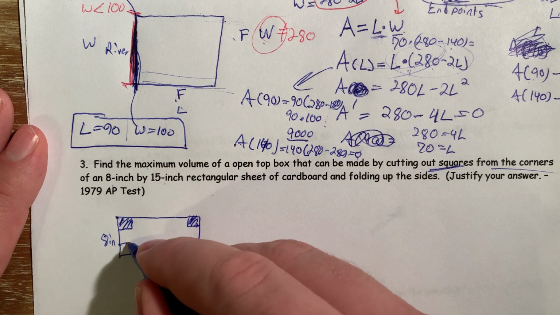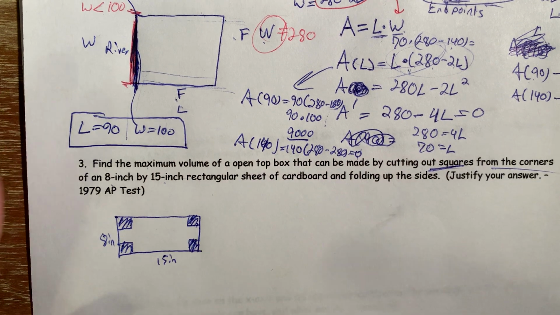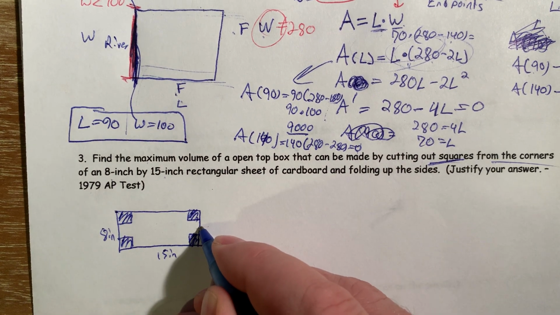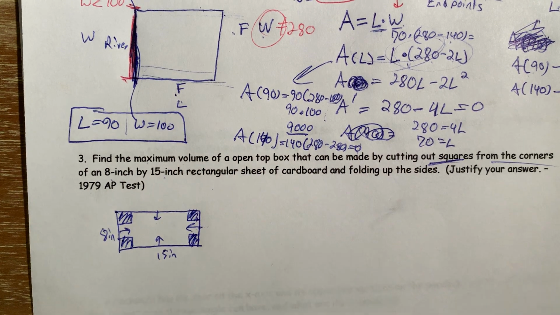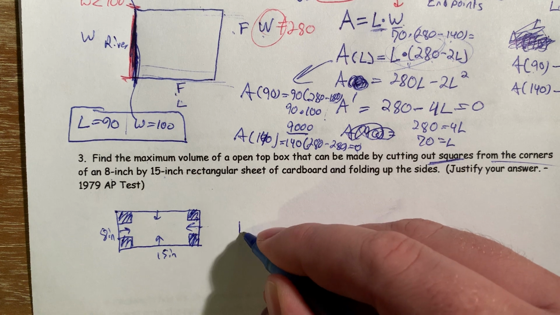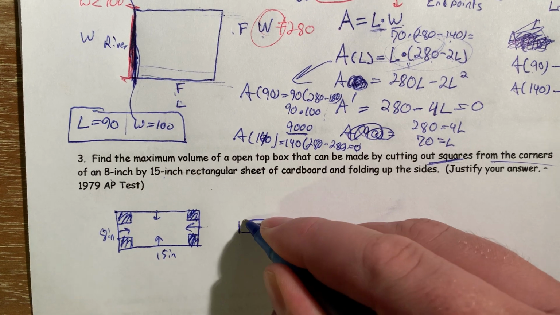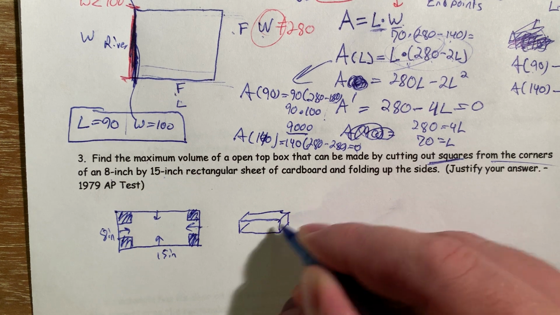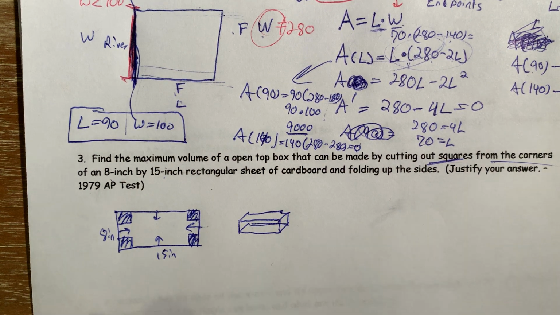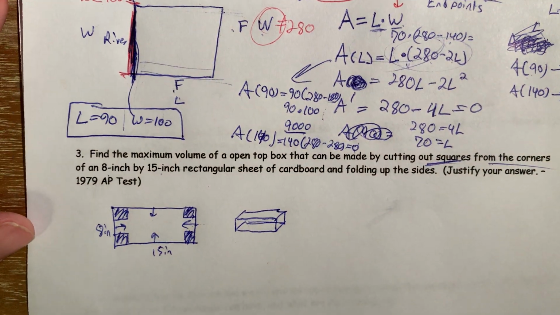So we're cutting out squares, and then I hope you can see that this side is going to fold up, this side is going to fold up, this side is going to fold up, this side is going to fold up, and we're going to get a nice little folded up box. So when you fold up those sides, you're going to get a box.